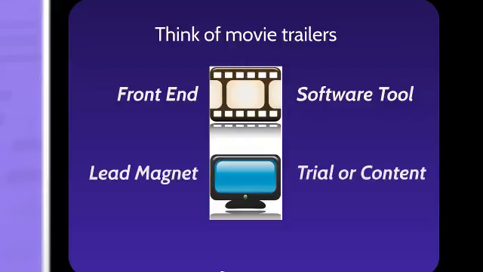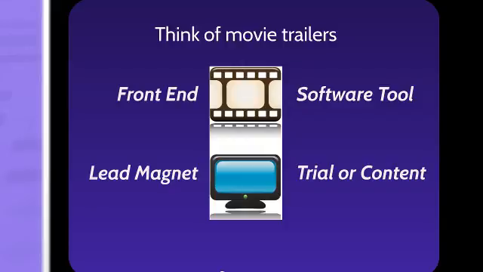The lead magnet could be a software trial or a software demo that shows a piece of the whole. They can check it out, they can use it. It doesn't necessarily show all the functionality, but they can get an idea of what it can do.